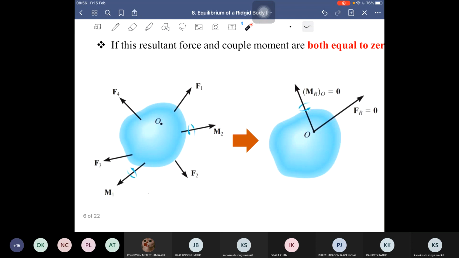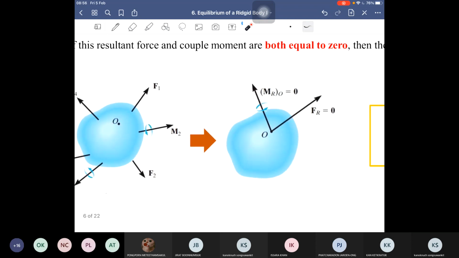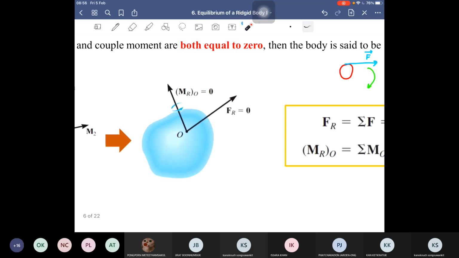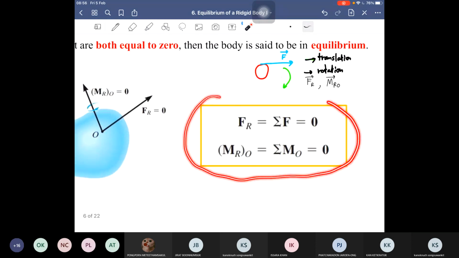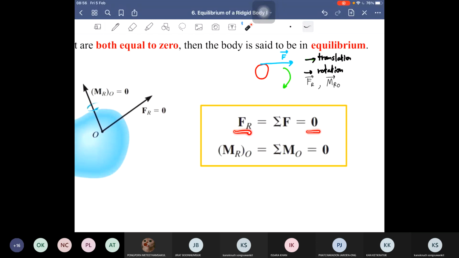And if the resultant force and couple moment are both equal to 0, then the body is considered to be in equilibrium. So it must satisfy these two conditions: F equal to 0 and moment about any point equal to 0 too.